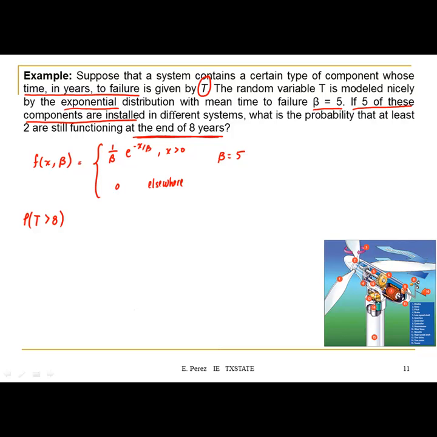Correct. You need to integrate to find the probability. So in this case, we go from 8 to infinity. We substitute the value of beta, 1 over 5 e to the minus t divided by 5 dt.